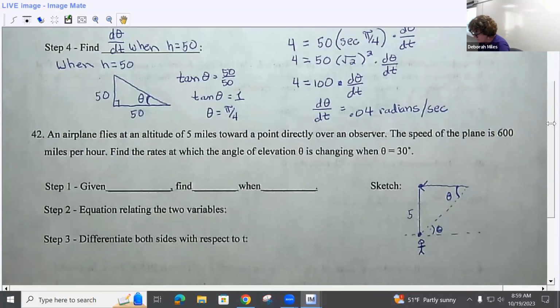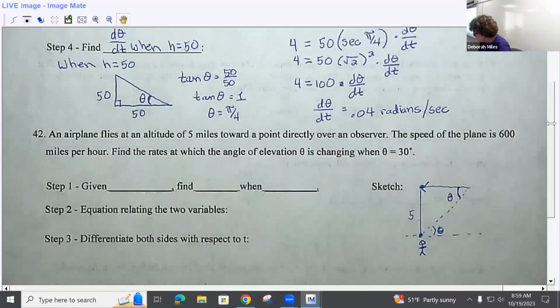All right. So it seems like I need one more variable. Any ideas? Because right now all I have is a 5 and a theta. The angle of elevation changing, is that the way he's looking? Yes, how much he or she is cranking his head back. So it's directly over him.